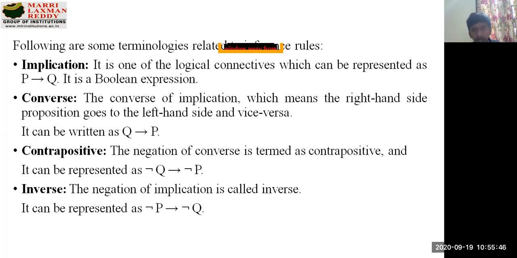With respect to the inference rules, you will have some more terminologies. That is, what is an implication, how P implies Q, the right arrow mark is your implies symbol, and the converse of that, Q implies P, is the converse of the given statement. What is an implication, what is a converse, what is a contrapositive, and what is an inverse.